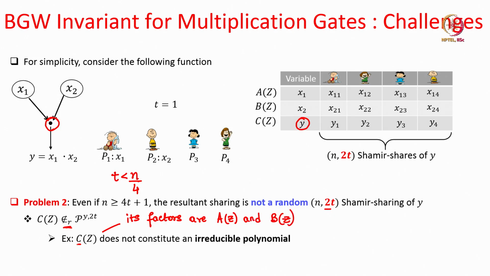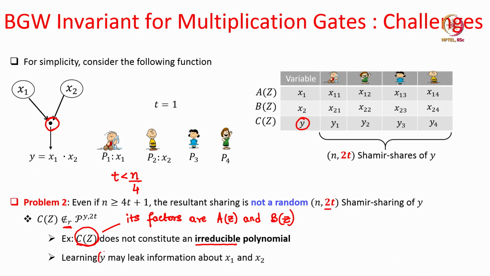Whereas, if c is a random 2t degree polynomial, then with equal probability it could have been a reducible polynomial, and with equal probability it could have been an irreducible polynomial. But as per the proposed protocol, we are landing up in a case where the c polynomial is always going to be a reducible polynomial, and hence it is not a random 2t degree polynomial.